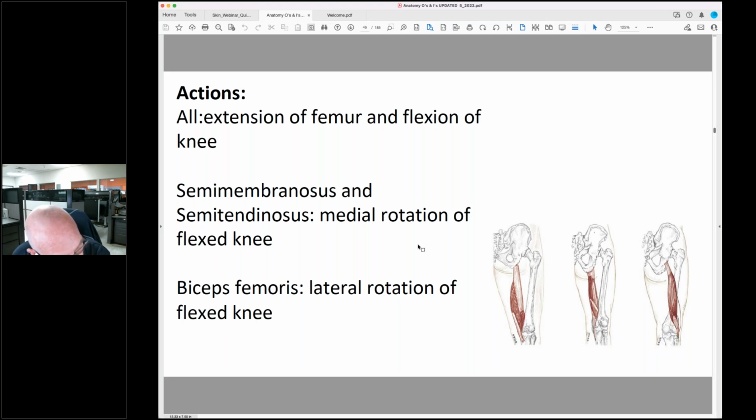Put your right fingers beneath the outer right thigh and you'll feel the biceps femoris, the tendon of the biceps femoris. Feel that ropey part. I'm reaching down and grabbing my tendon of the biceps femoris, right behind the right side of the back of the knee. Anybody feel that?